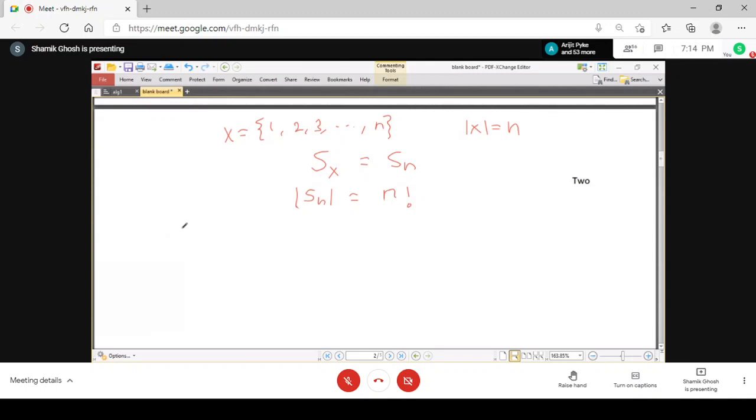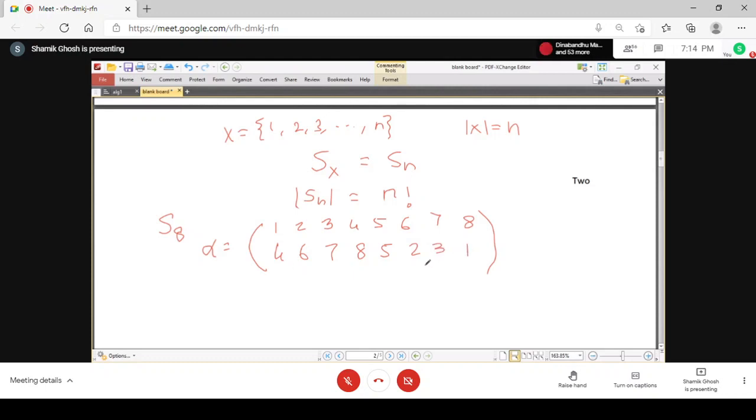For example, if we consider S_8, and suppose I am taking two maps like this, say alpha: 1, 2, 3, 4, 5, 6, 7, 8 going to 4, 6, 7, 8, 5, 2, 3, 1.